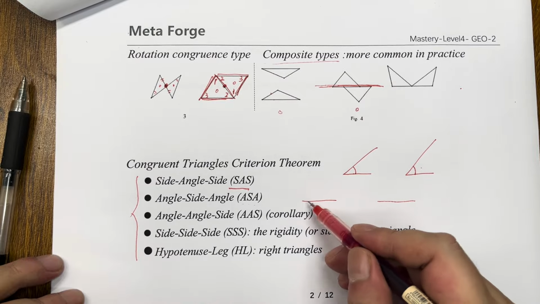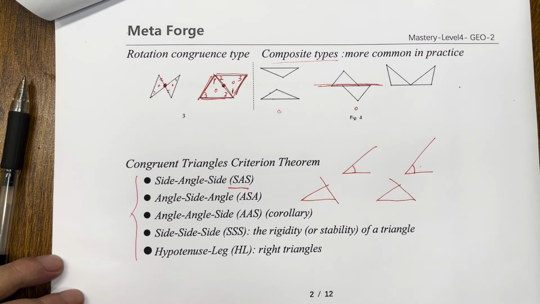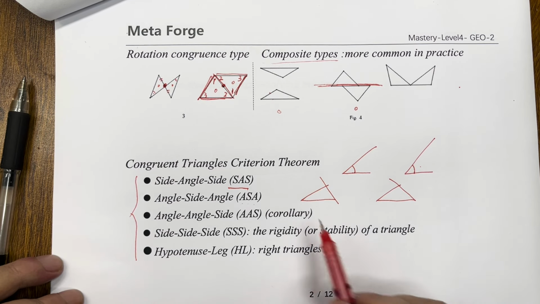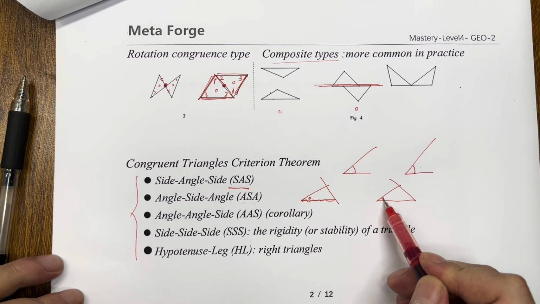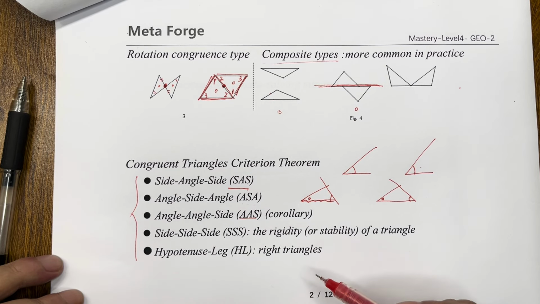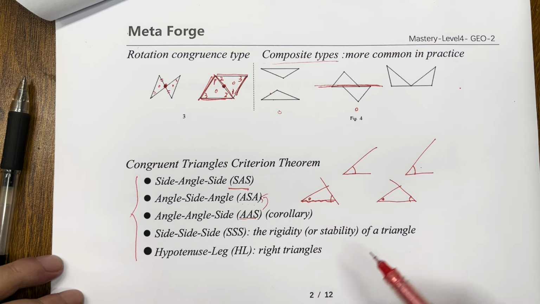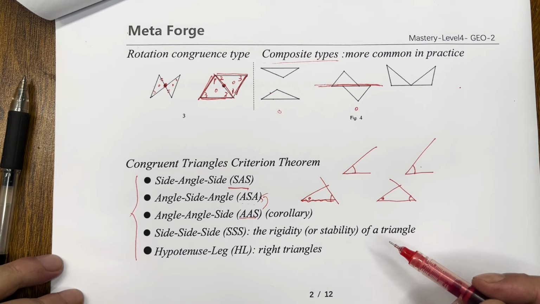Or ASA, angle side angle: this angle equals this angle, equals this angle. 2 angles and the included side equal correspondingly. Okay, AAS is a corollary to ASA because the sum of the angles in any triangle is the same, 180.